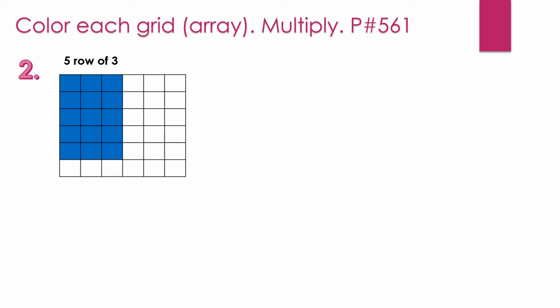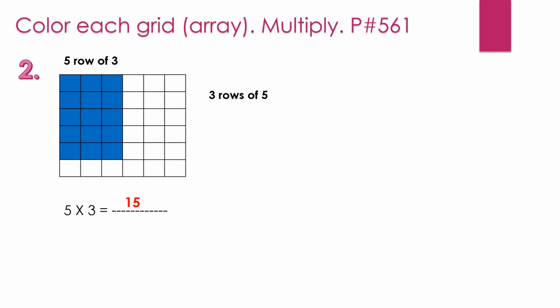So in the grid paper, I will fill in 5 rows, in each row 3. The multiplication sentence is 5 multiply 3 equal, and when I count how many counters or squares I filled in all, the product equals 15.